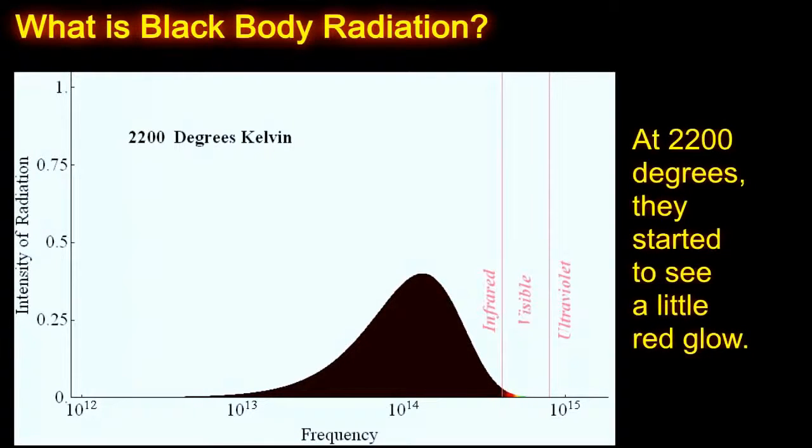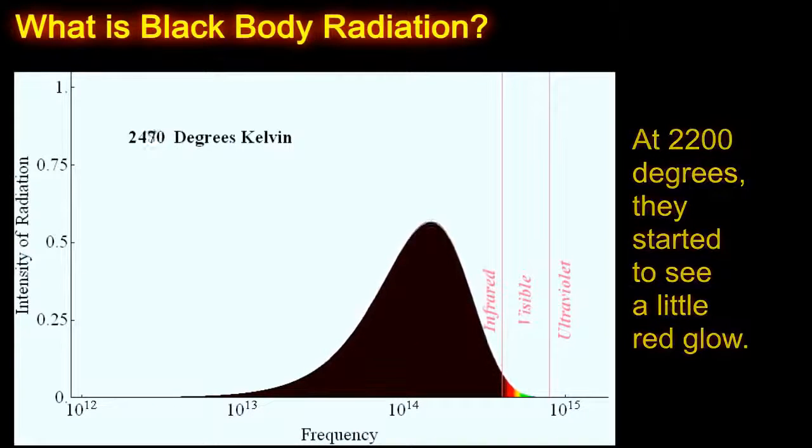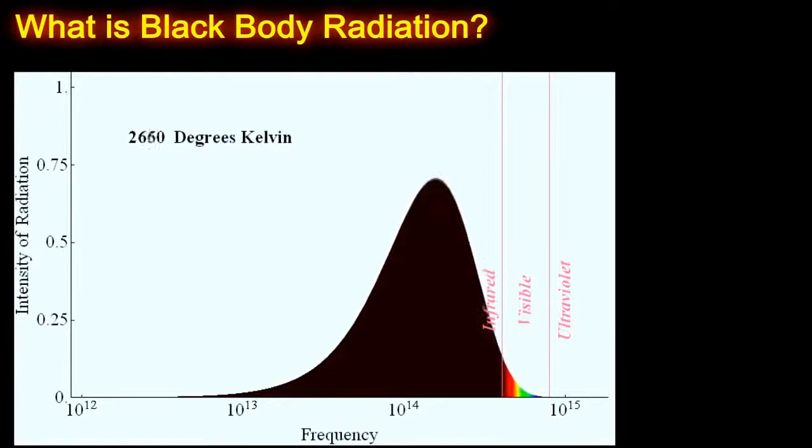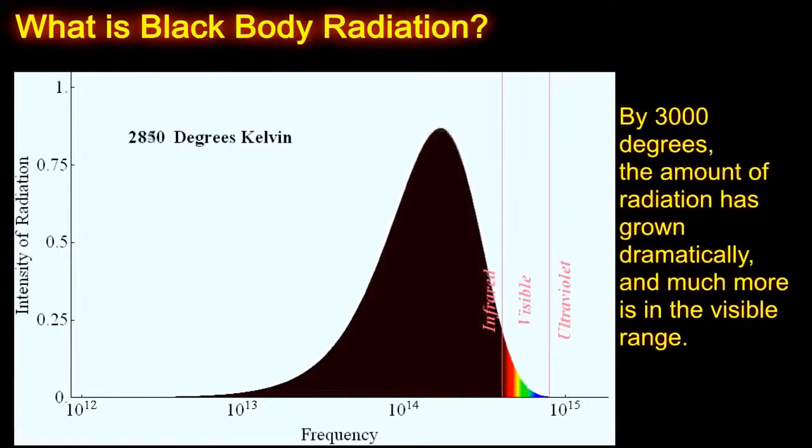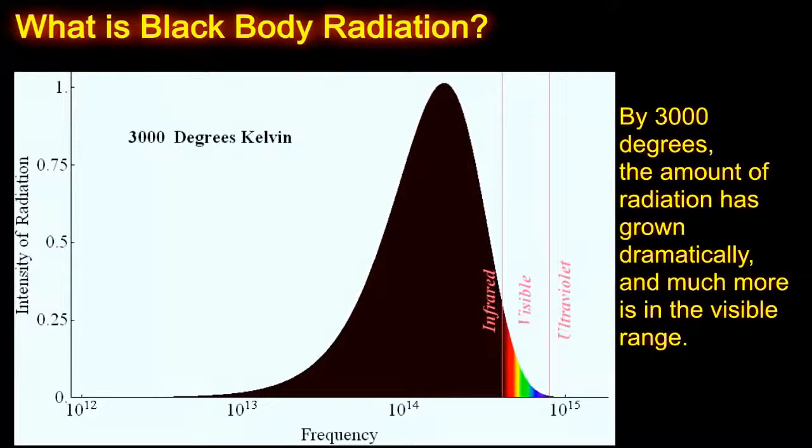Heating further to about 2200 degrees, they started to see a red glow coming from the hole. Some of the blackbody radiation was moving into the visible region. Raising the temperature further caused the total amount of radiation to grow dramatically, and more moved into the visible region. At 3000 degrees, the glow was yellowish-white.